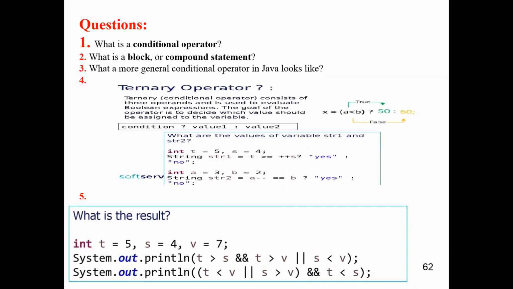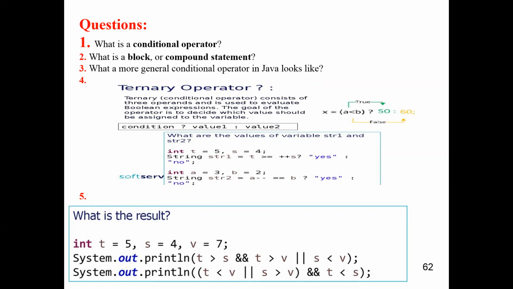And now you can see control questions. You should answer these control questions. You have only 5 control questions. The first question: what is a conditional operator? The second question: what is a block or compound statement?